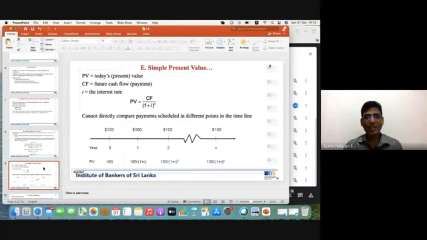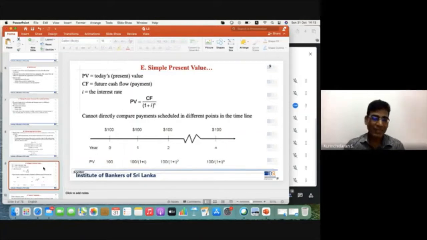Earlier I said, okay, after 1 year you get $100, or after 2 years you will get $120. Sometimes the cash flow may be a little bit different, so maybe you will be getting a continuous equal cash flow. So how do we calculate a simple present value?